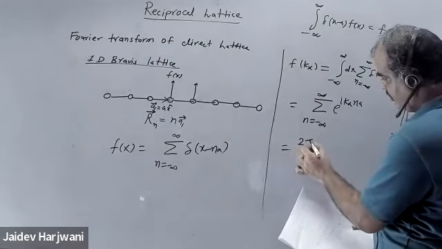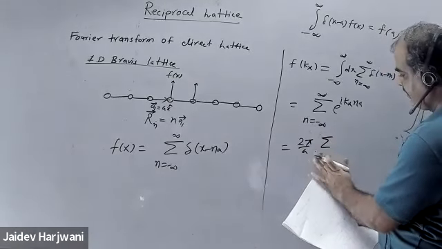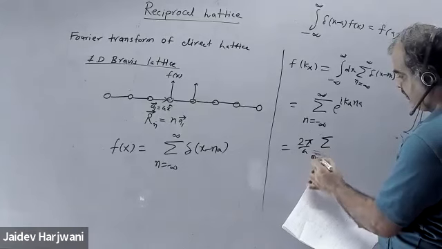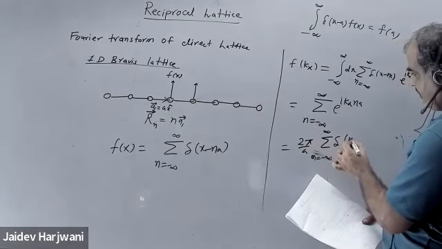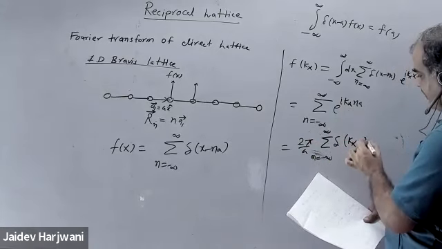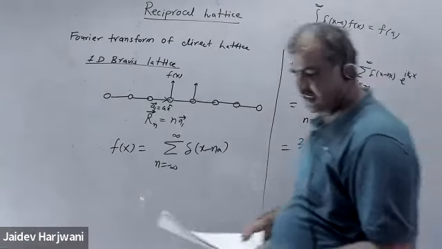Only these indices will change. So I can write this as the summation over m from minus infinity to infinity of delta kx minus m 2 pi by a.